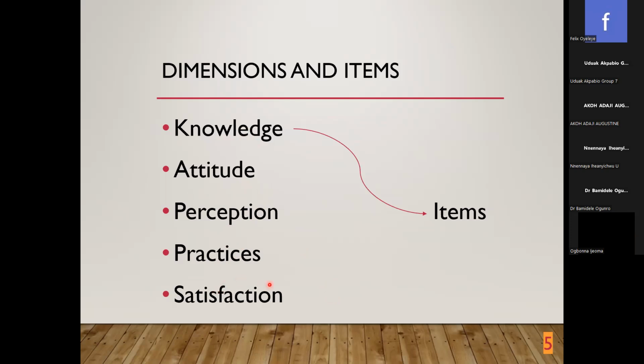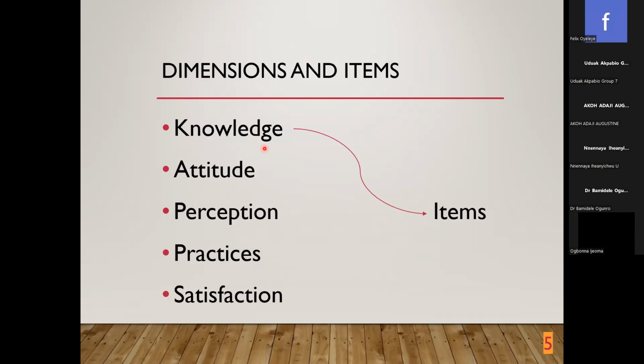Maybe in the area of social sciences, you want to find out customer satisfaction with a particular style of doing things, or maybe a business idea or concept. So these concepts, which we use the instrument of questionnaire to measure and around which we design the questionnaire, are referred to as dimensions in questionnaire design. We refer to them as dimensions.